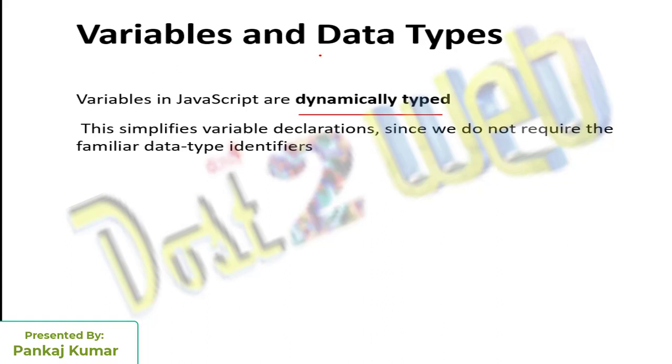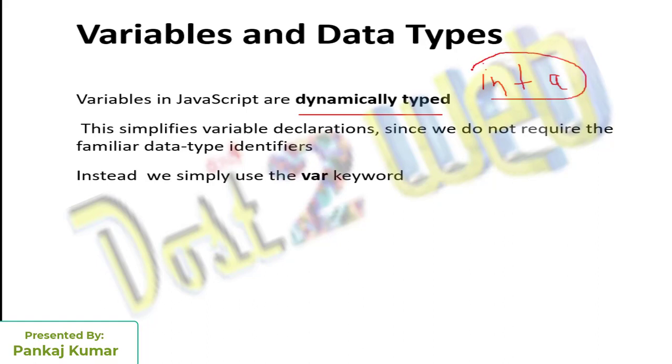This simplifies variable declaration, since we do not require the familiar data type identifiers. If you remember in C, C++, Java, you used to write int and then a. That means it is an integer variable.